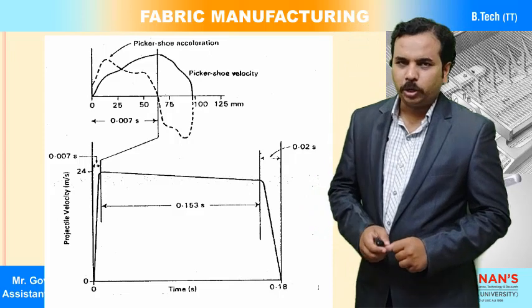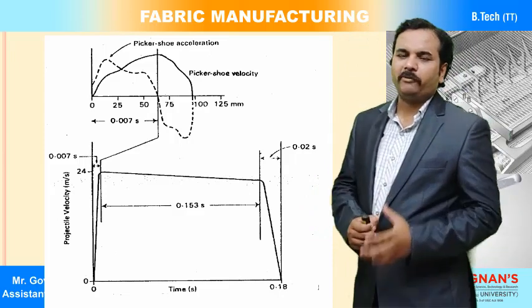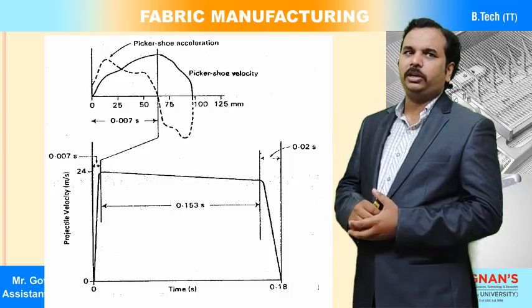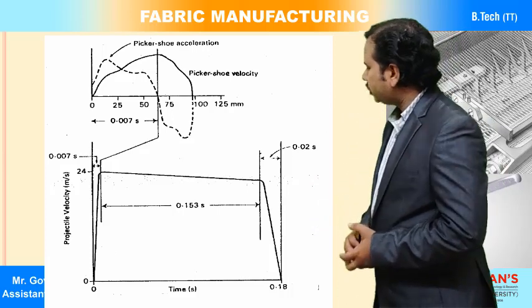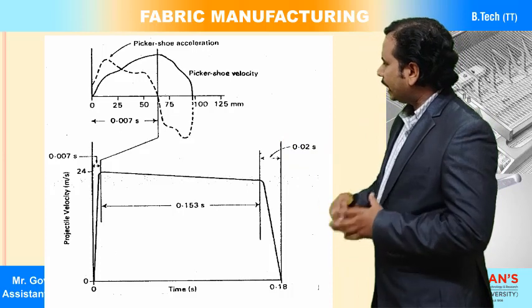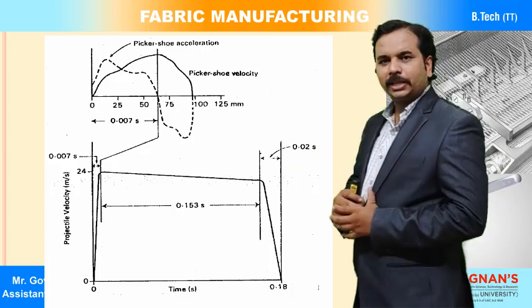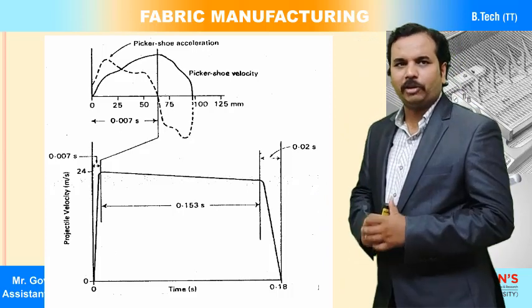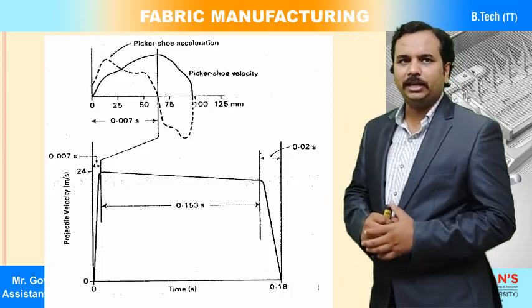You can observe the picking velocity in projectile weaving technology in the graph. On the x-axis there is time in seconds, and on the y-axis the projectile velocity in meters per second is given.